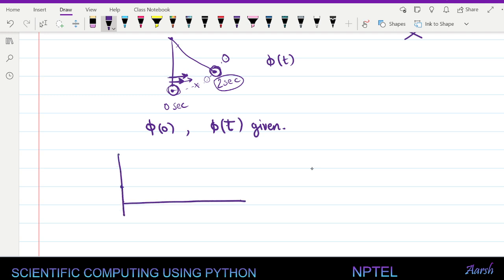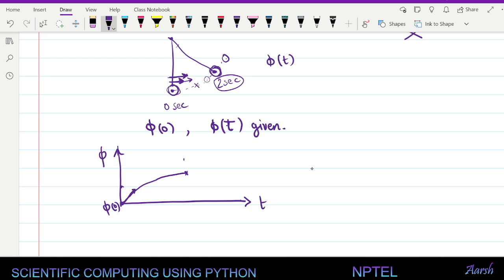You start with phi of 0, this could be this one, and this is your t, and then you assume that the initial slope, or the velocity in this case, oops, this is phi, is something, and try the experiment. Well, you don't have to do an experiment, you can just run the simulation, right?